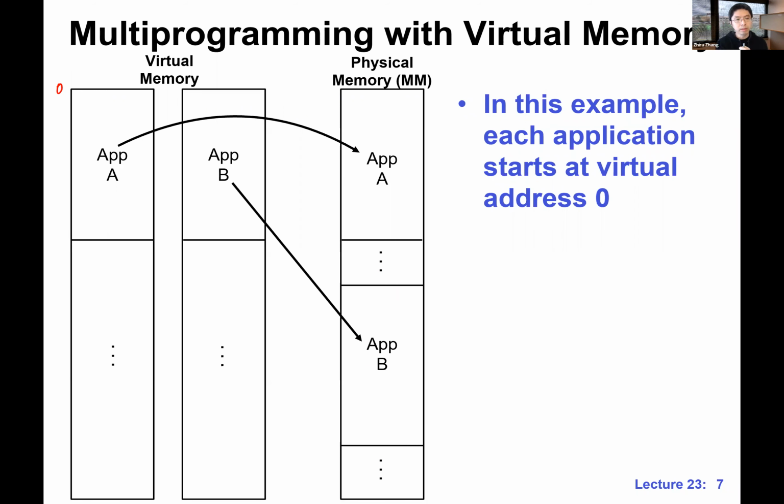Also, we don't have to load all the data and all the instructions for app A into the physical main memory at the same time. Why is that a feasible choice? In many cases, we just need to load a small chunk of data and a small chunk of instructions into the physical main memory, and the program will be running happily for a while.